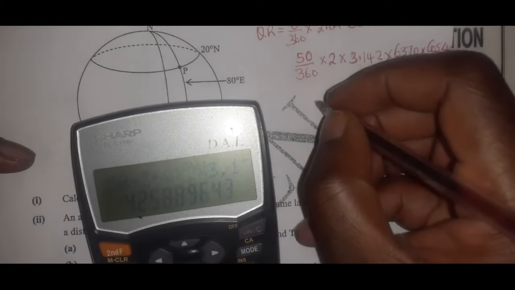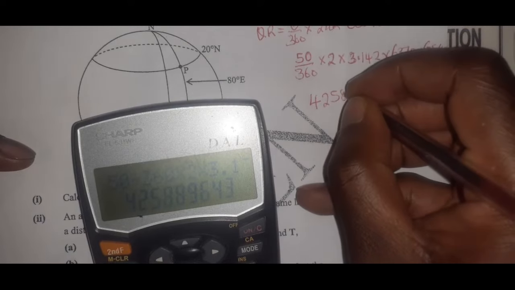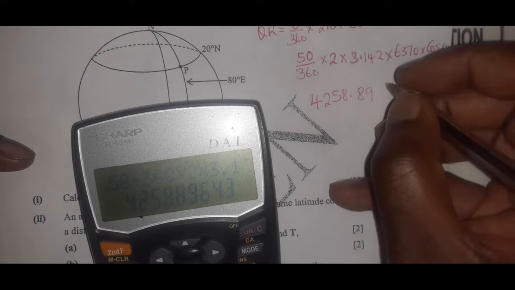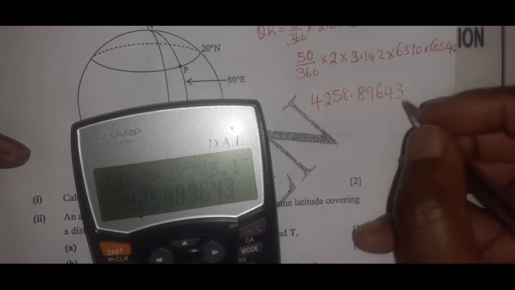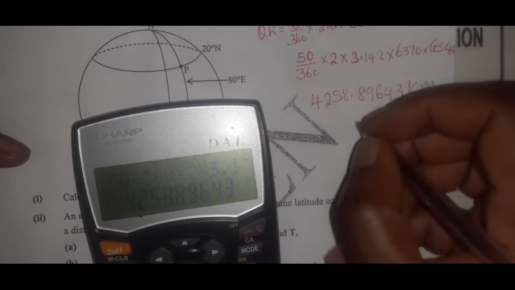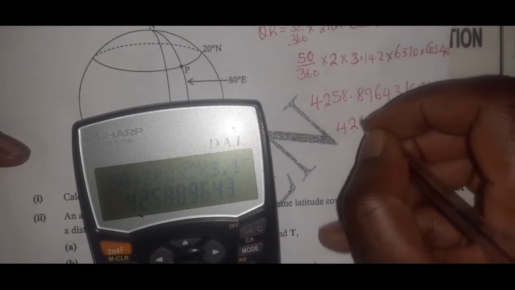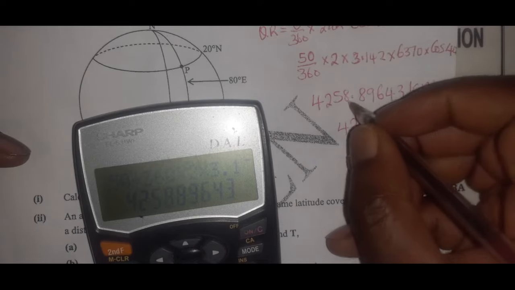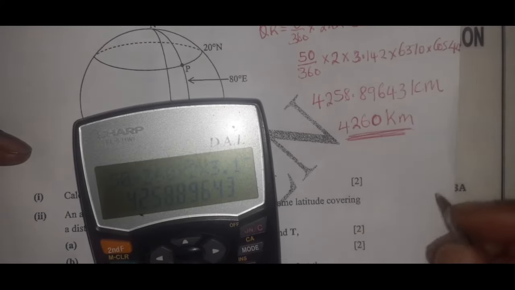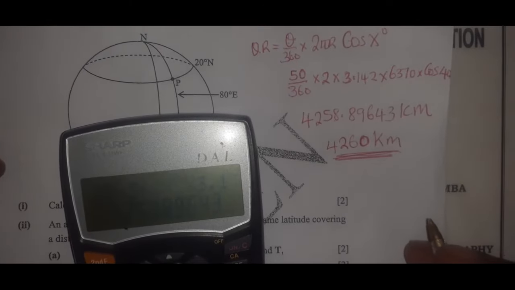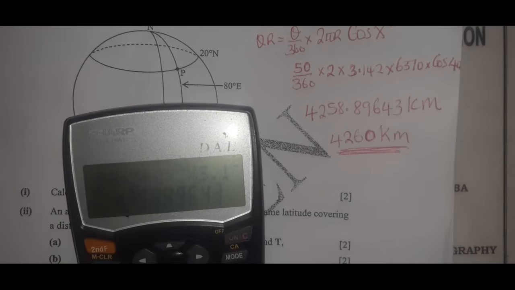What we are getting is 4258.8963. We round this off to 3 significant figures, in kilometers: 1, 2, 3, so we have 4260 kilometers.